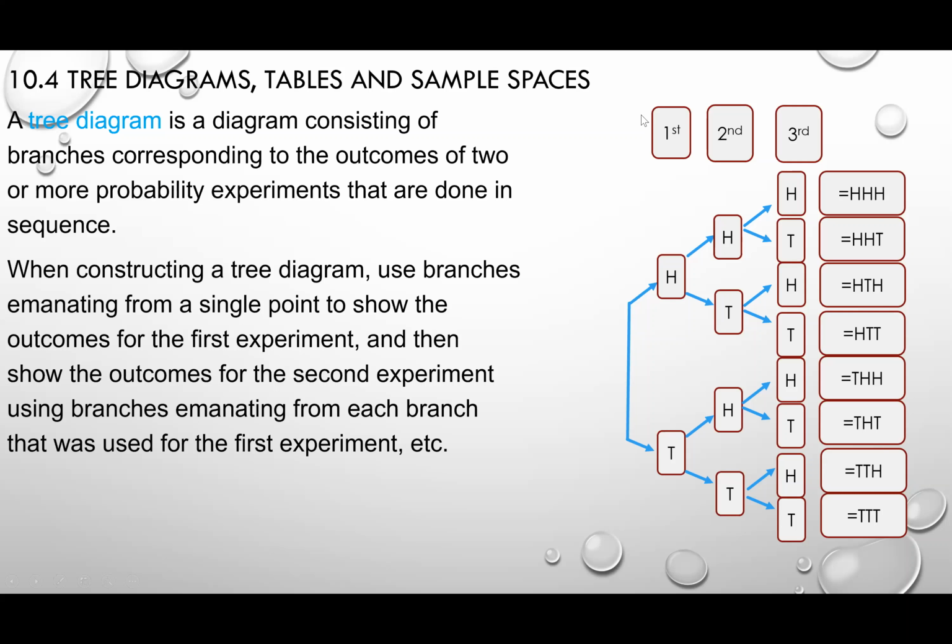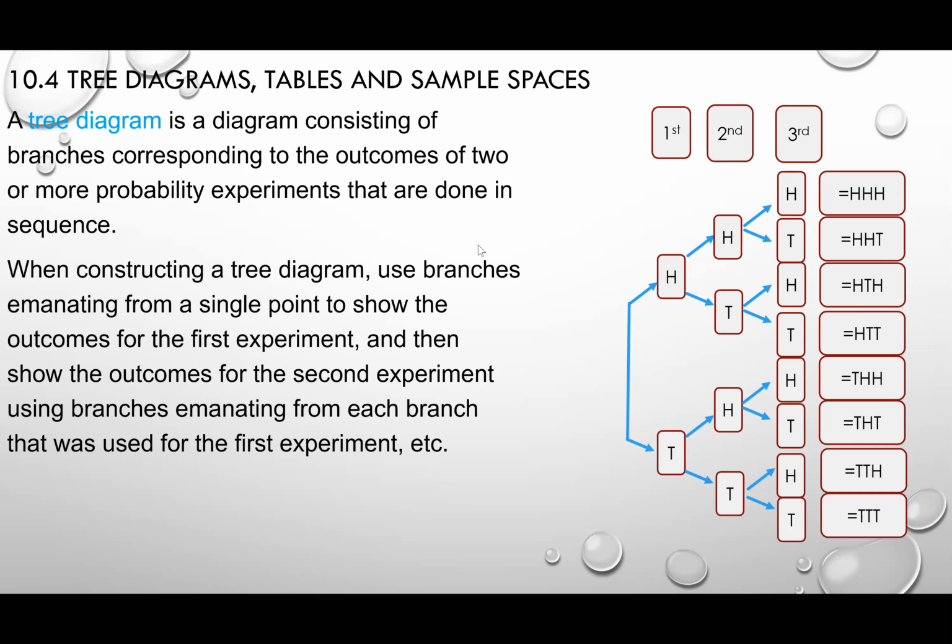There is no other outcome besides these 8 outcomes, no other combination of heads and tails other than these 8. So in short, the tree diagram tells you that we branch out the results from our experiment: the first experiment, the second experiment, the third experiment.